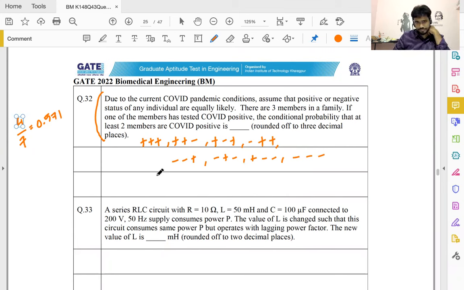Enumerated them. Information given is one of the members has tested positive, which rules out this case. All these cases, at least one of them is positive. So there are only 7 possible cases given this information, and at least 2.